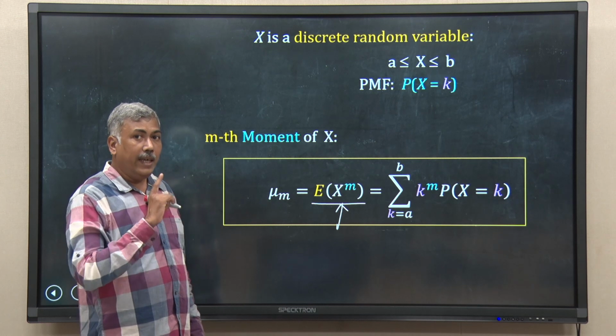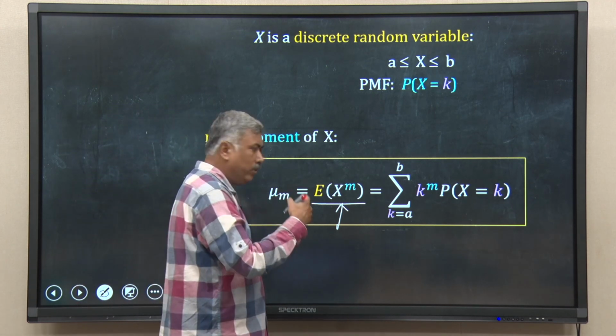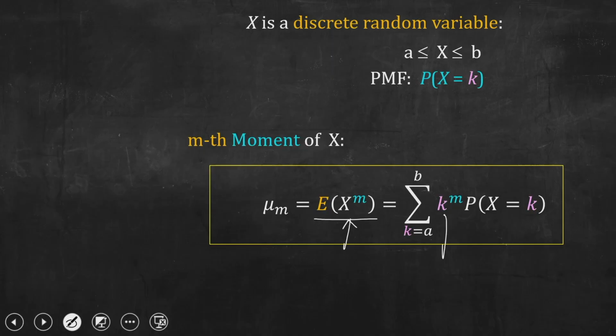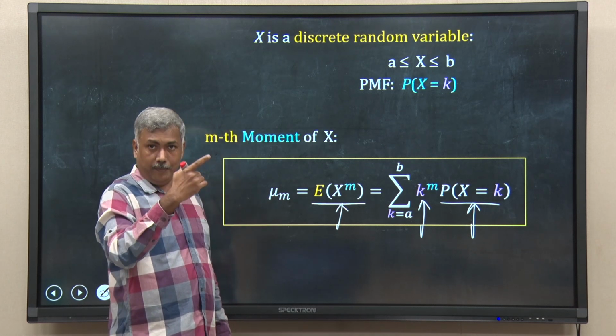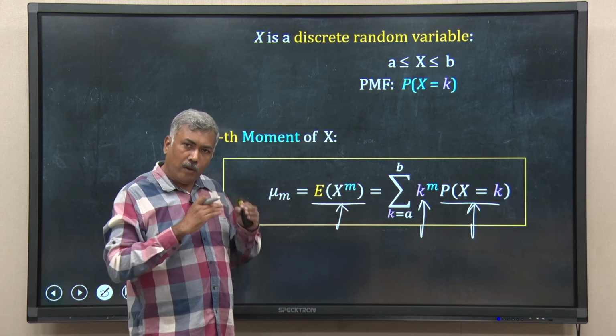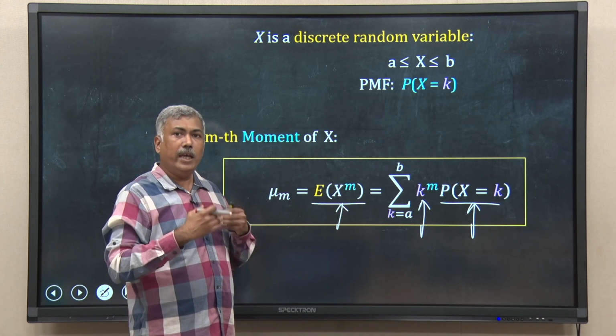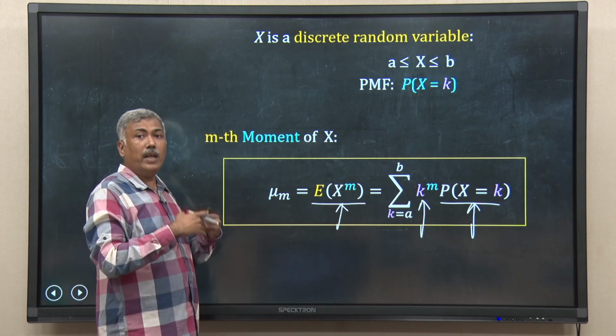Now, I am saying expected value of x to the power m will be equal to, using the same logic, a value of that particular variable x to the power m into the probability. Remember, the probability remains same, only the term before probability is raised to m, right, and then you sum them all together, k will vary from A to B. So, this is the expected value of x to the power m.